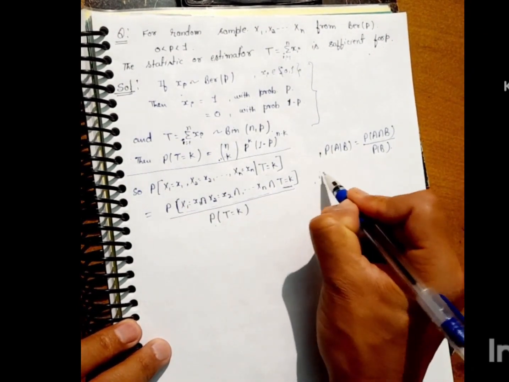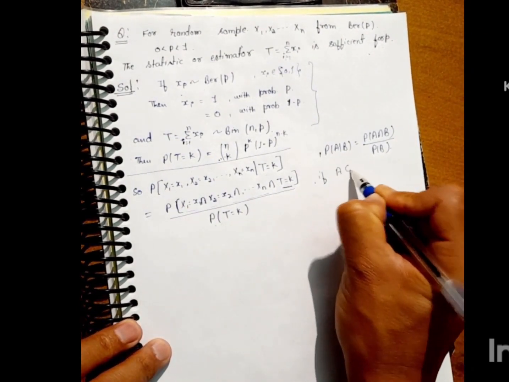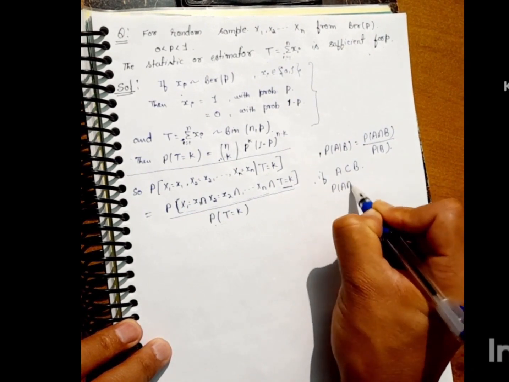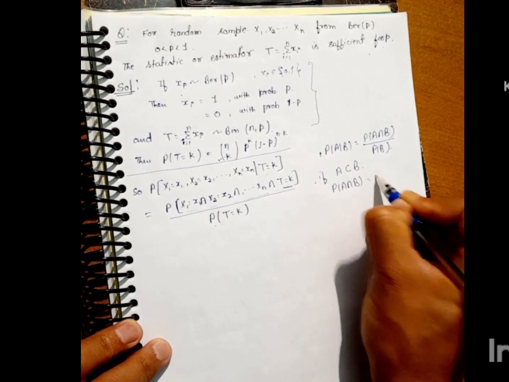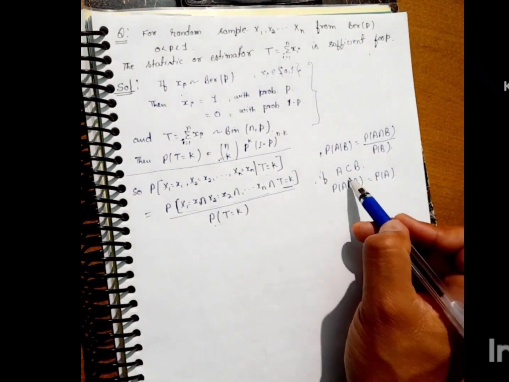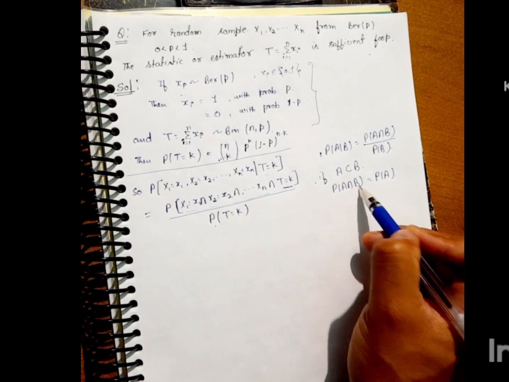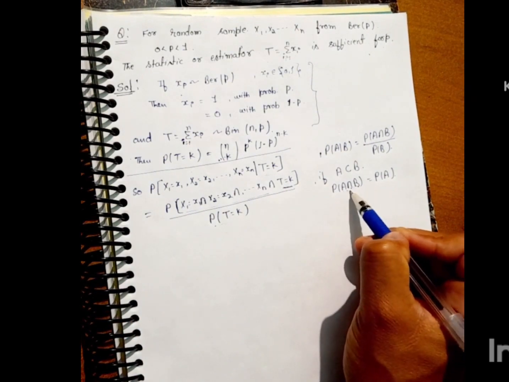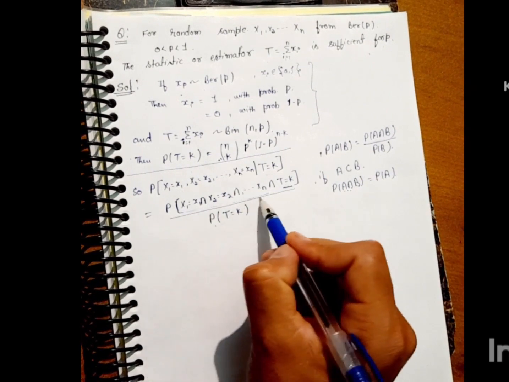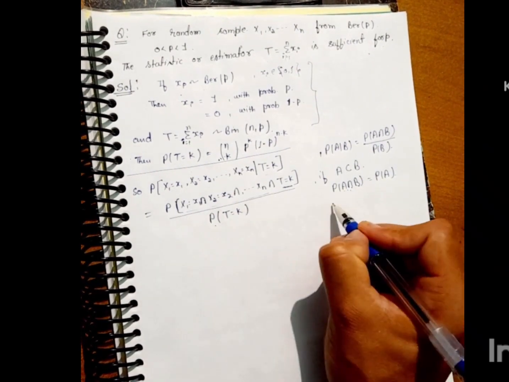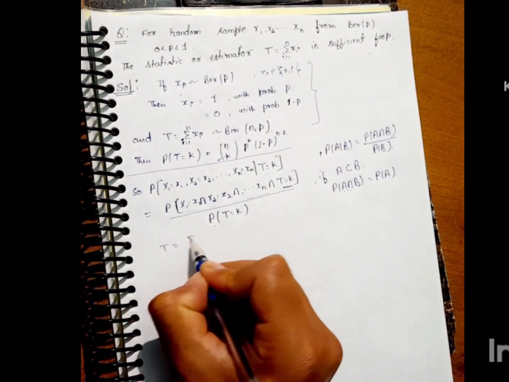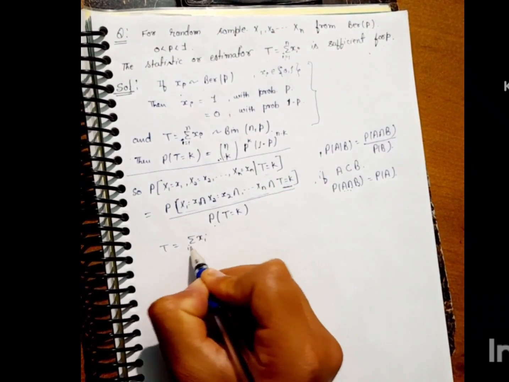Now we know this probability from the earlier equation, and we can find the numerator by using an important result. If A is a subset of B, then the probability of A intersection B is simply the probability of A. What value does T take? T is the summation of Xi.